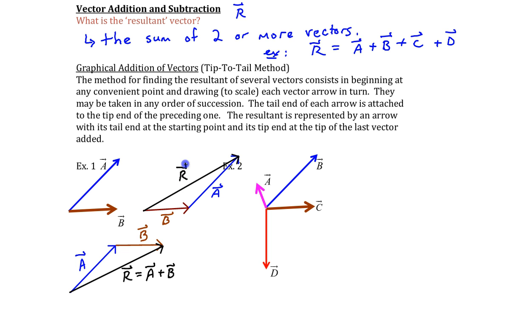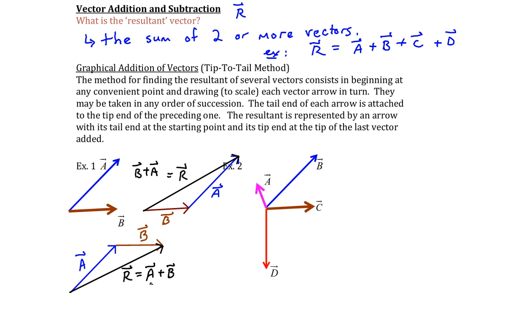If you look at this vector R here and this vector R here, they should be the same size and the same orientation or direction. So this vector R, which is vector B plus vector A, is exactly the same as adding them in the reverse order. It won't make any difference really.